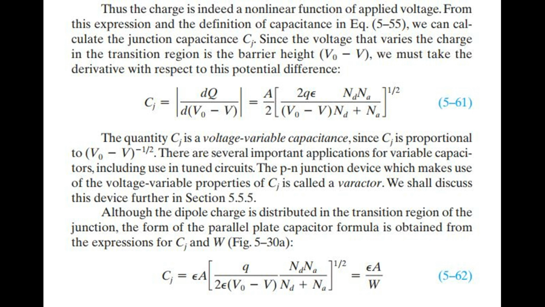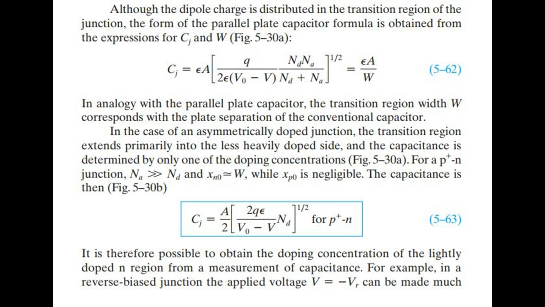Although the dipole charge is distributed in the transition region of the junction, the form of the parallel plate capacitor formula is obtained from the expressions for Cj and W, Fig 5.30a. In analogy with the parallel plate capacitor, the transition region width W corresponds with the plate separation of the conventional capacitor.